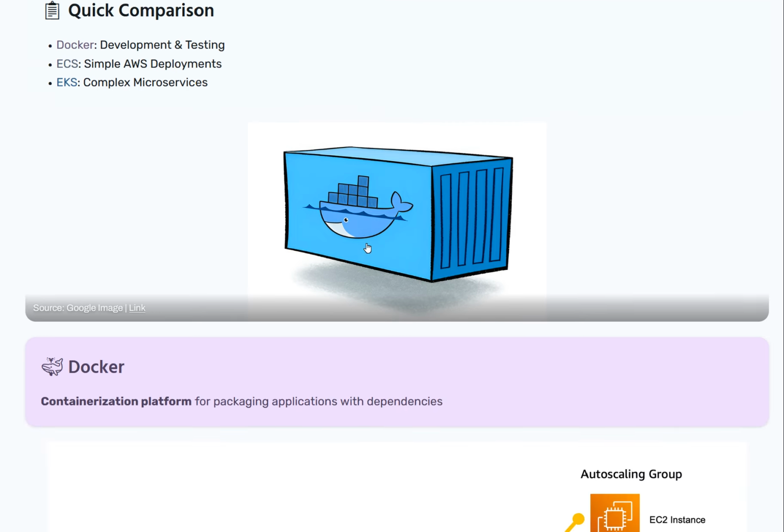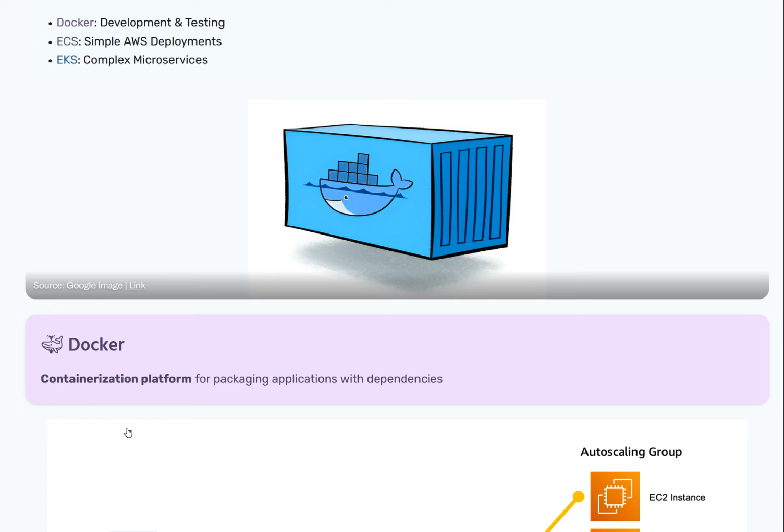So Docker is a containerization platform for packaging an application with its dependencies. So Docker comes with whatever you need, just like coding libraries and dependencies, they come with that.